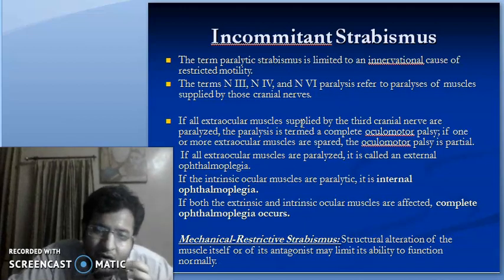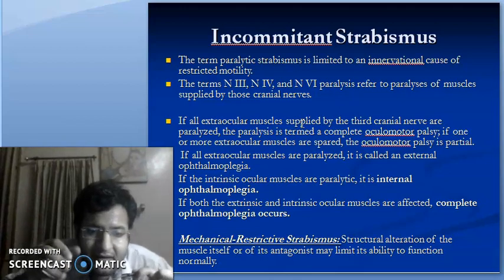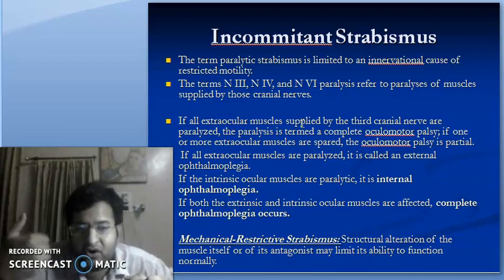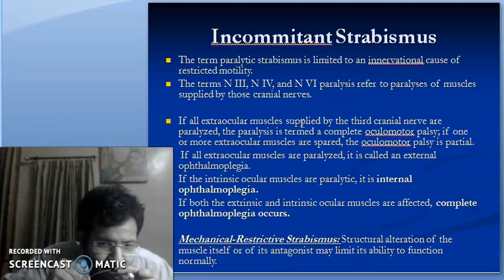One of the reasons for incomitant strabismus is paralytic strabismus, in which the extraocular muscles are paralyzed. Either the medial rectus is paralyzed, that is third nerve palsy, or the lateral rectus, that is sixth nerve palsy. The term paralytic strabismus is limited to the innervational causes of restricted motility.